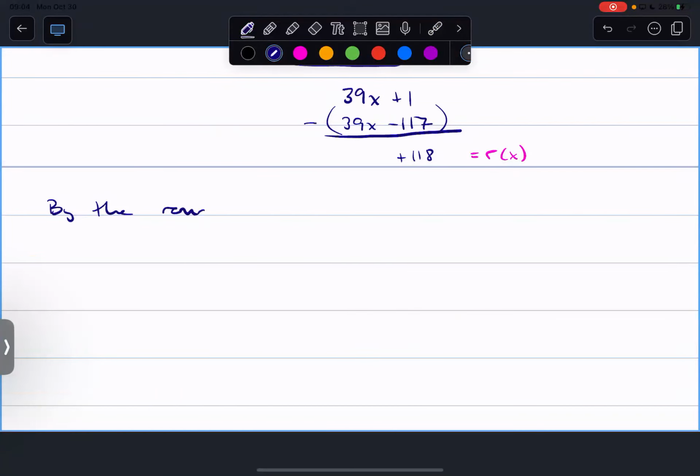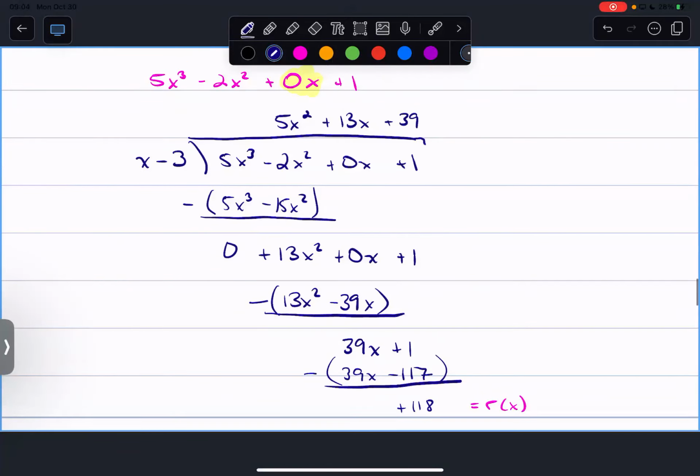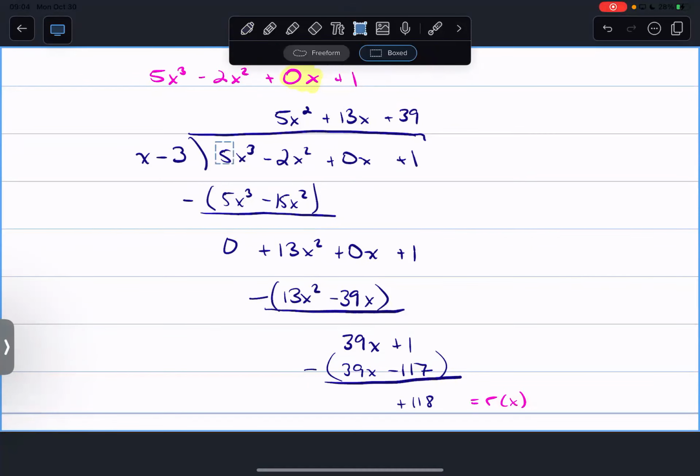By the remainder theorem, P of 3, which is going to be, let me just copy this.